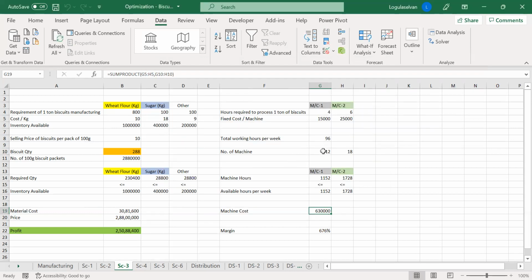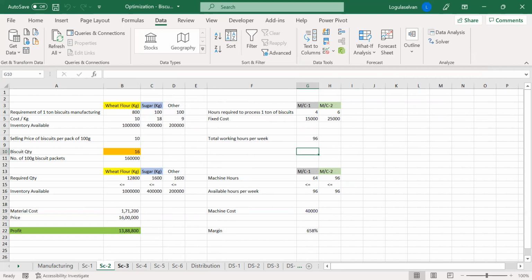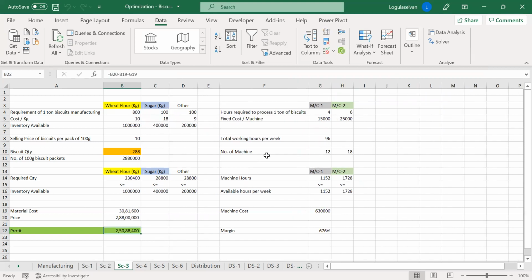See, if the company has 12 machines of machine 1 and 18 machines of machine 2, they can increase the profit from 13 lakhs to 2.5 crore. Here the profit does not consider the capital expenses.